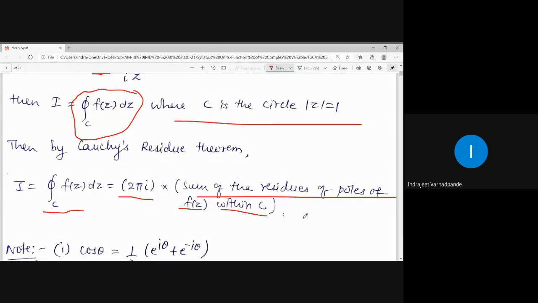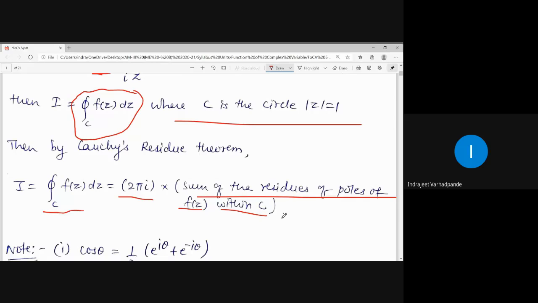This will be the final answer by means of Cauchy residue theorem for the given question of contour integration around unit circle. Done up to this.